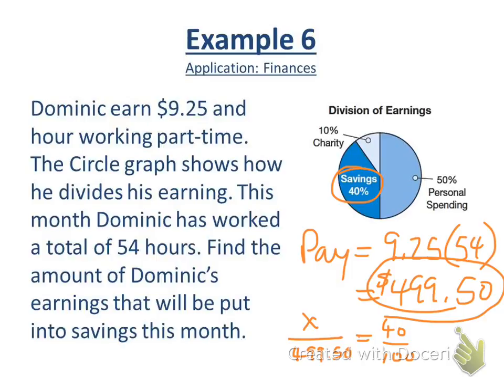Or again, you could just directly multiply 40% of $499.50. I think it's $199.80. Is that right? I don't know. Whatever that is, that's the answer.